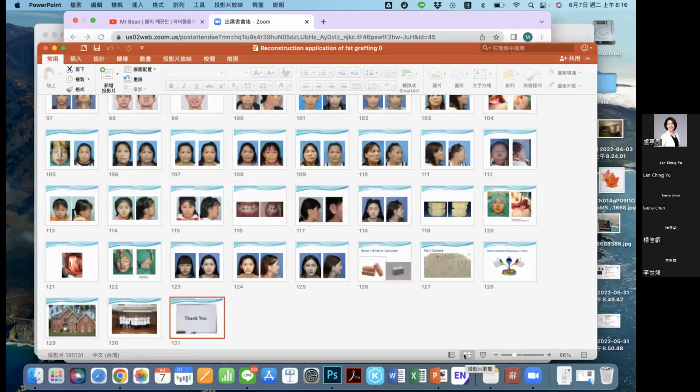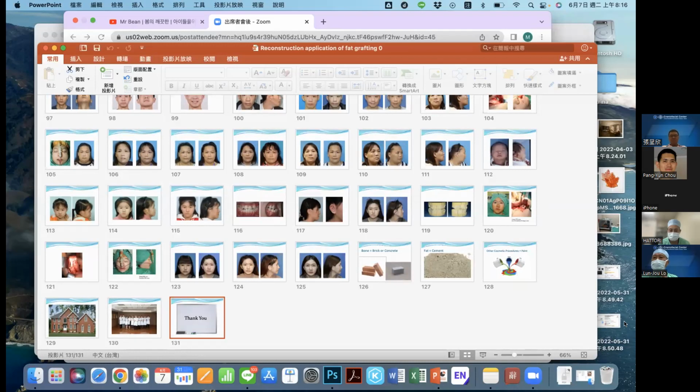I think the reconstruction tools are all very important to a reconstruction surgeon, because sometimes we feel one tool is kind of insufficient or cannot improve all the aspects of deformities. So we really need multiple tools to accomplish the reconstruction job.